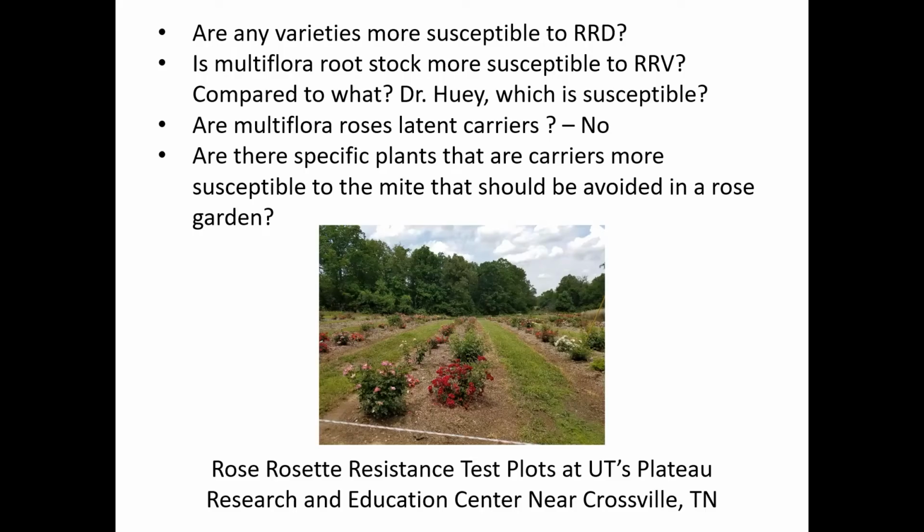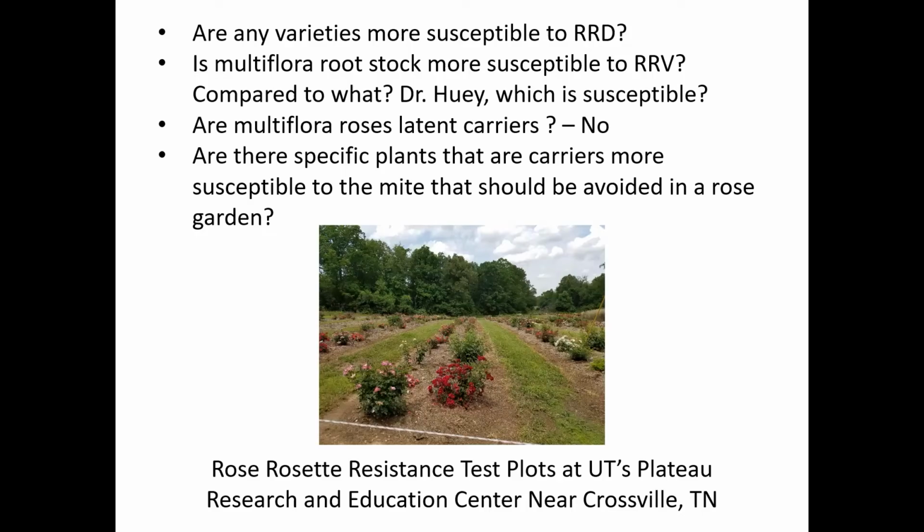And we have looked at over 1,000 different roses. We've looked at 28 rose species. We've looked at multiple accessions of many of those species, because just like you and I, a rose species, genetically, might be the same rose, but they can have variation in how they behave to diseases from one location to another.